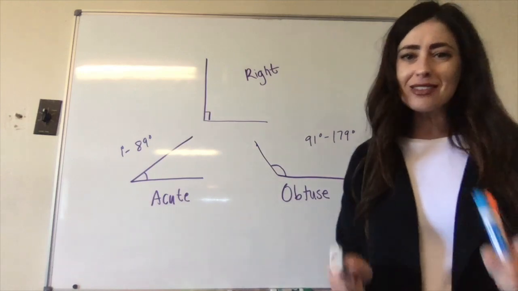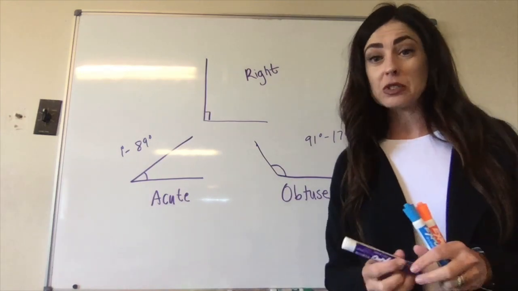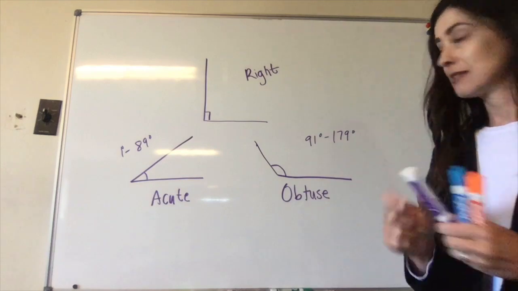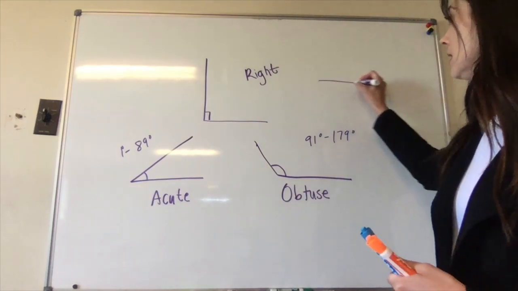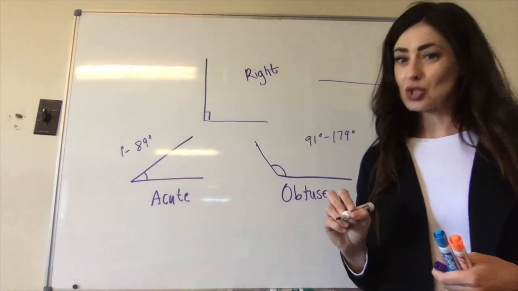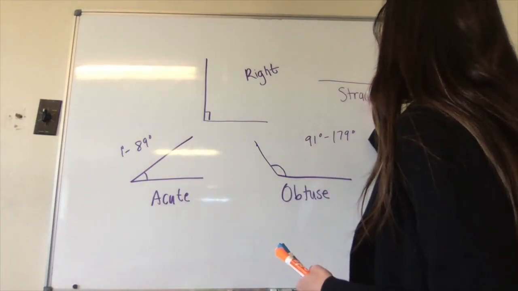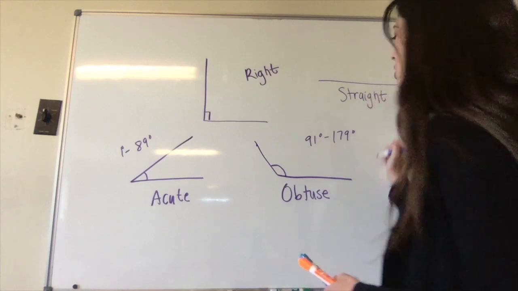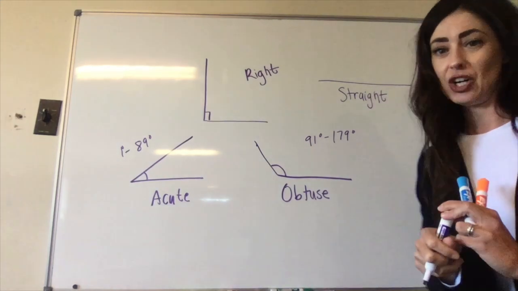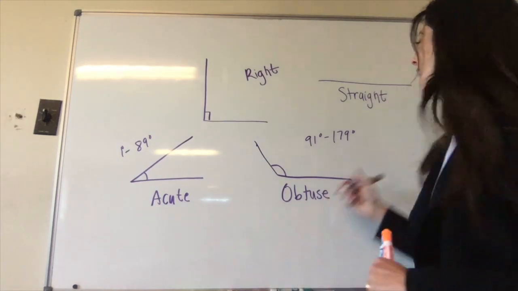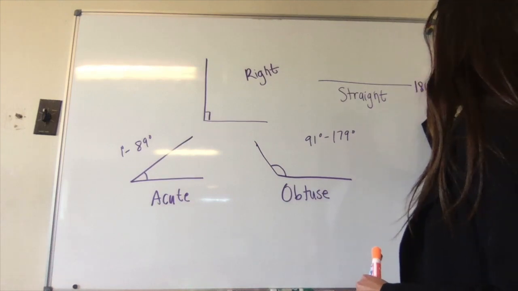Now there's one other kind of angle, and this one's probably the most confusing, but we have one called a straight angle. Okay, so this is called a straight angle. And a straight angle looks just like a line, right? And its measure is 180 degrees.